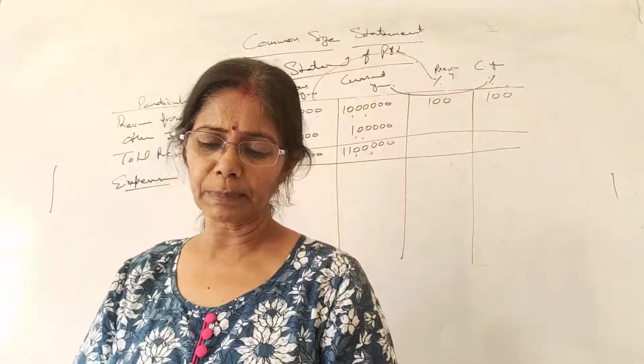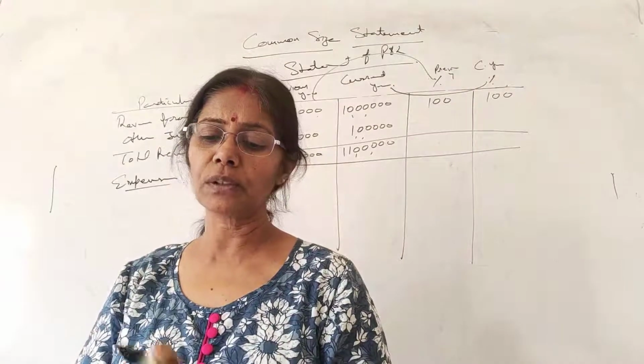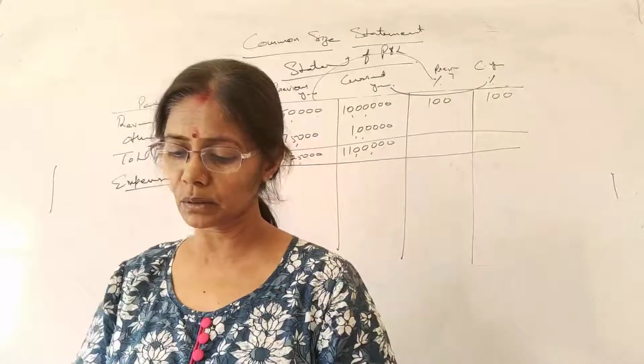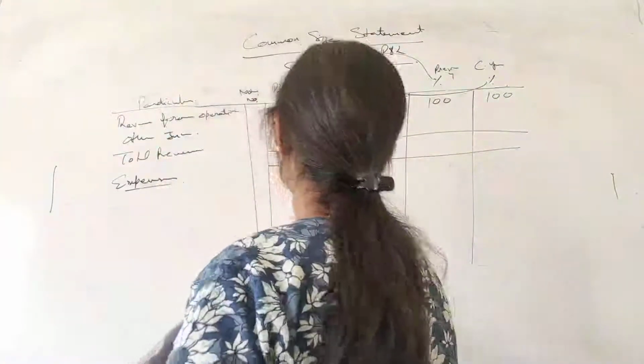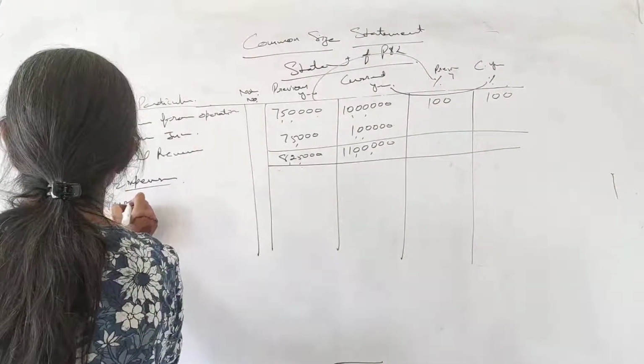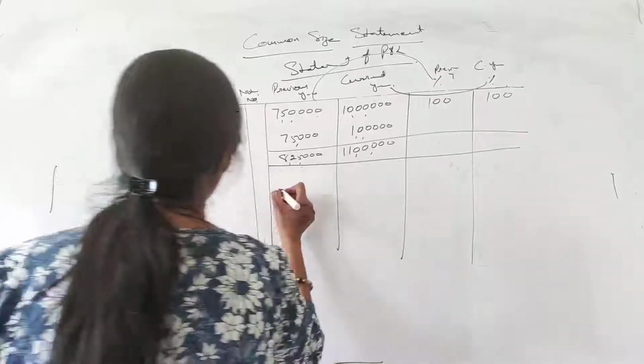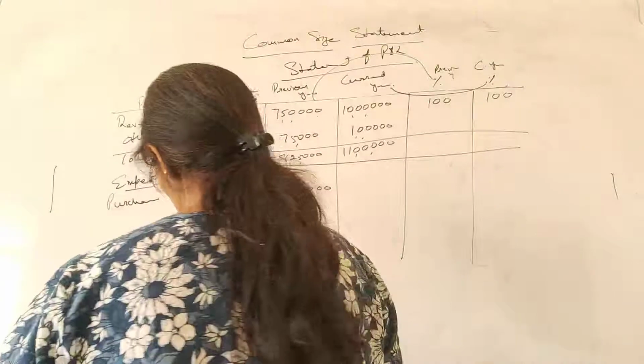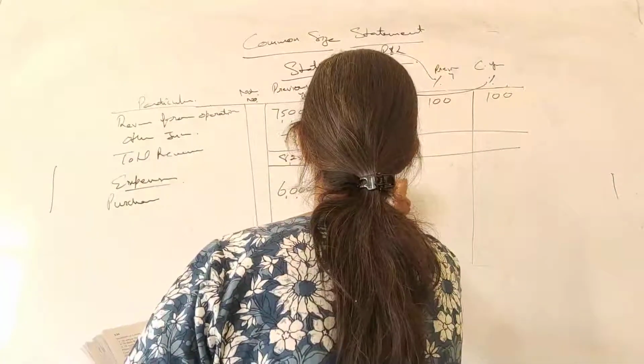And we have the expenses now, purchase of stock in trade. I'm talking about the previous year first, so we have 6 lakh. Purchases, previous year, this is 6 lakh, and current year, it's 7 lakh 50,000.